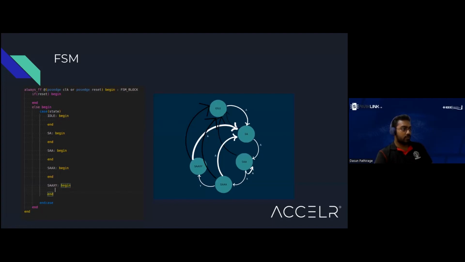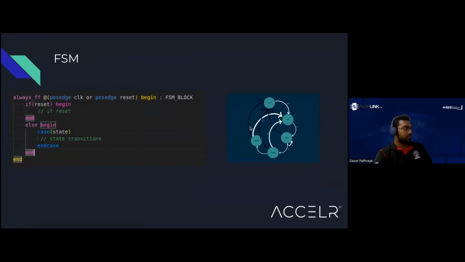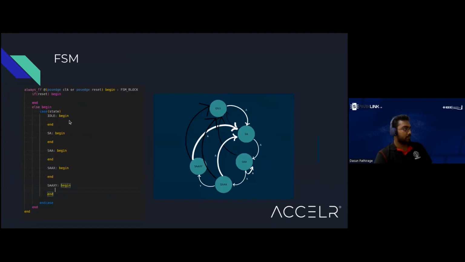If you draw the diagram and the IP like this before, then you can write the code without any hesitation. Here you can see the blocks that you have to include in the code, and you just have to write the logics inside each state. Okay.